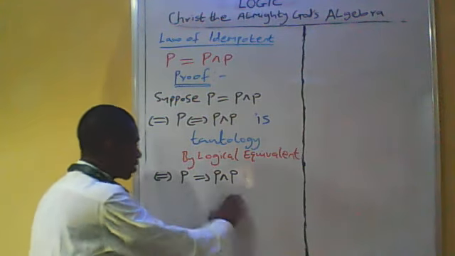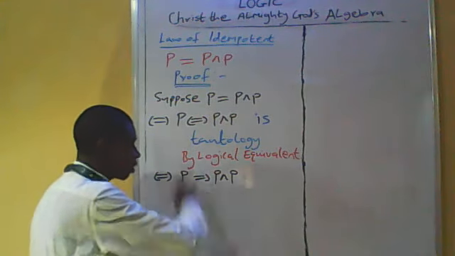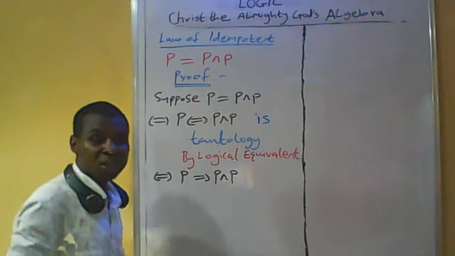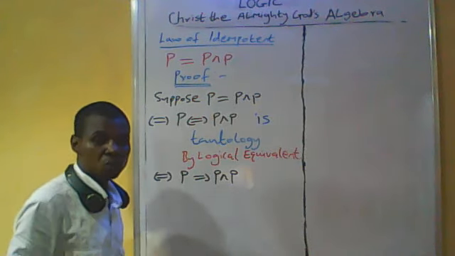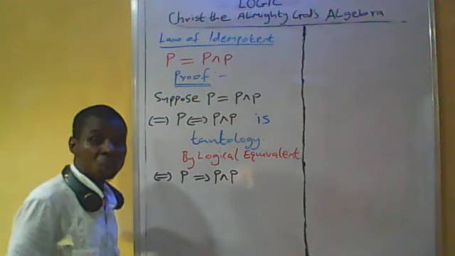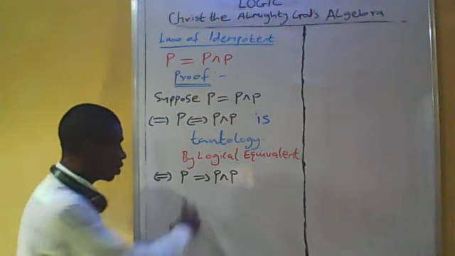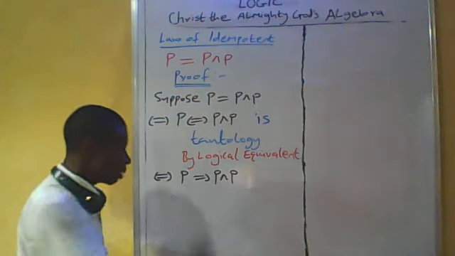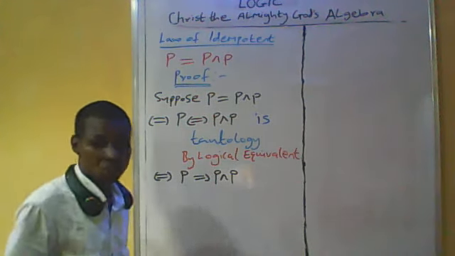And if that is the case, we say that in the evaluation of this statement, there's no possibility of getting falsity, always truth. We say that the statement is tautology. Since there is no possibility of getting falsity in this statement, whenever I want to evaluate it, we say that the statement is tautology.